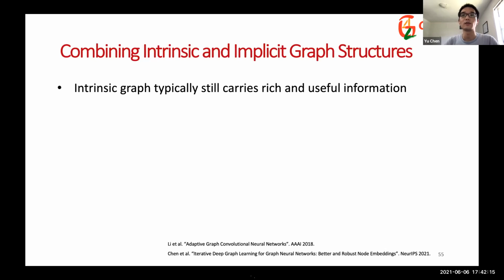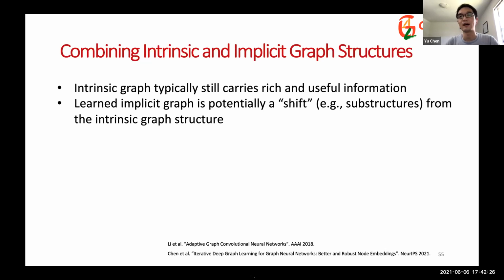The intrinsic graph typically still carries rich and useful information regarding the optimal graph structure for the downstream task. So some recent works propose to combine the learned implicit graph structure with the intrinsic graph structure, based on the assumption that the learned implicit graph is potentially a shift of substructures from the intrinsic graph structure, which is actually supplementary to it.